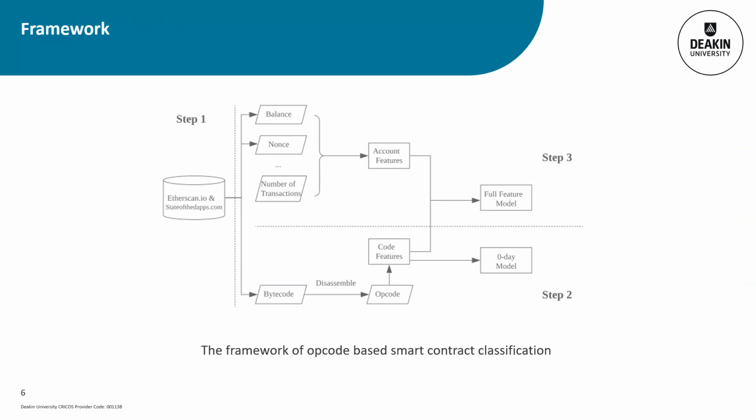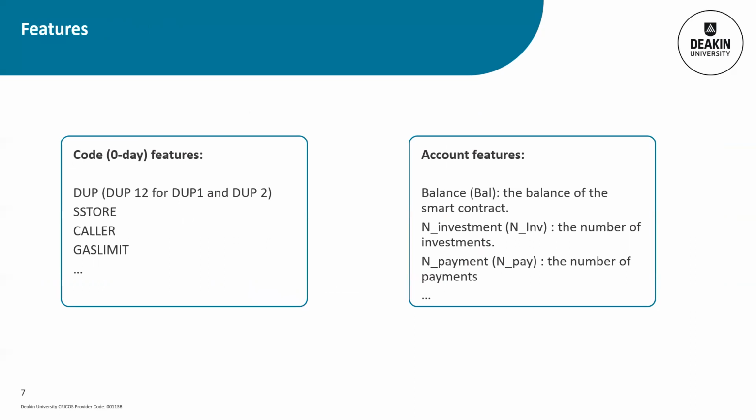The 3rd step integrates the contract behavior features from the transaction history to train the full feature model. Feature extraction and selection are the key upstream capabilities for building a high-performance classifier.